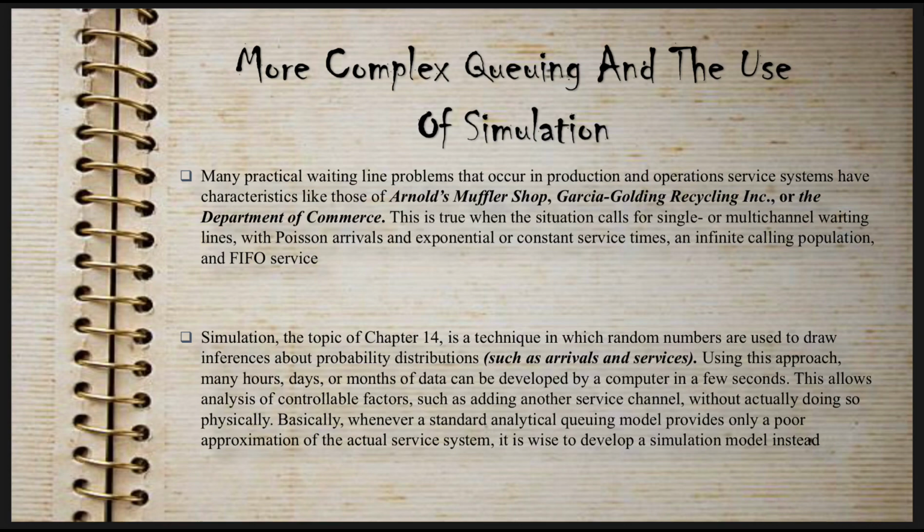Ina-allow nito ang controllable factors such as adding another service channel without actually doing so physically. And basically, whenever a standard analytical queuing model provides only a poor approximation of the actual service system, it says it is wise to develop a simulation model instead.